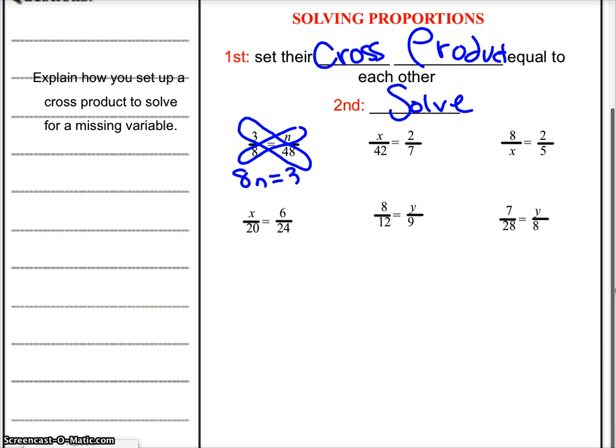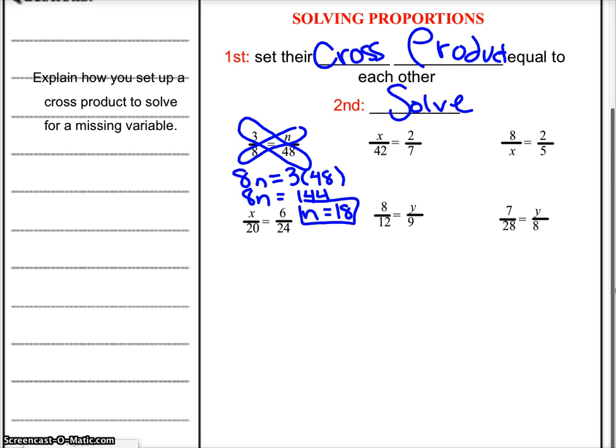I might go like this for the first one, show you what I'm multiplying, and then I'll actually do it. And then what do I do to find n? I divide. So n equals 144 divided by 8, which is 18.